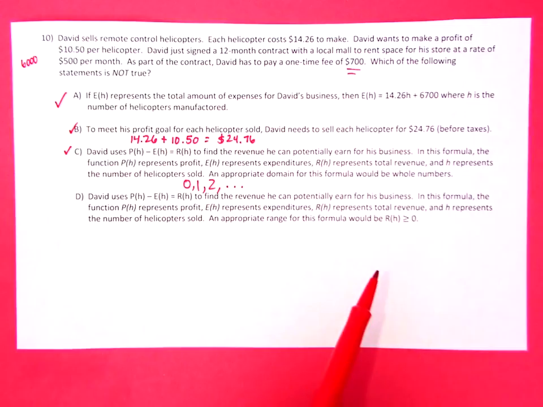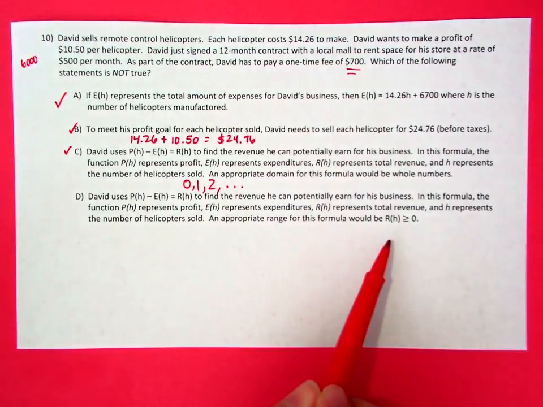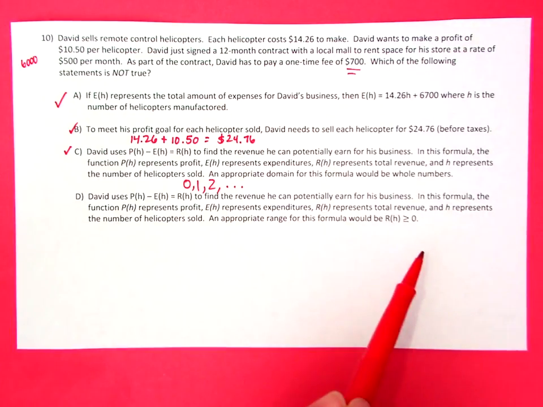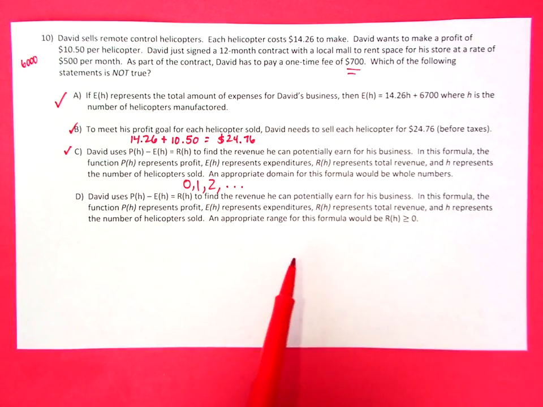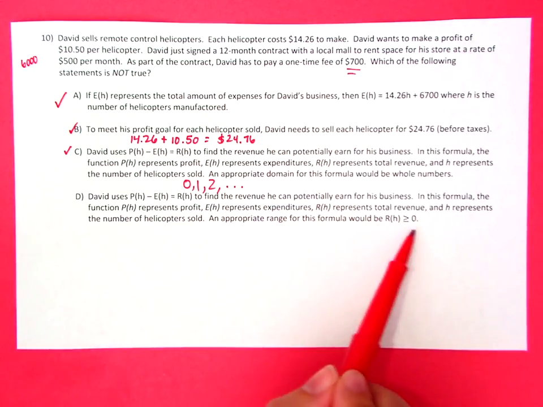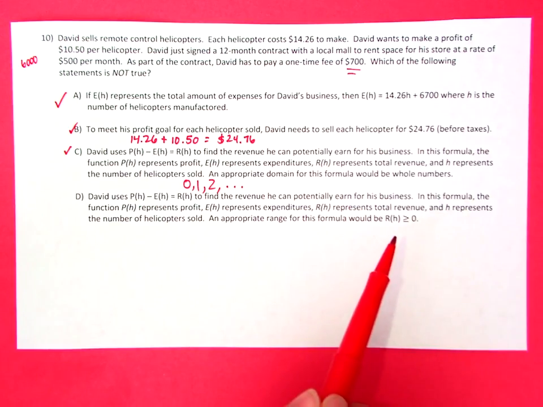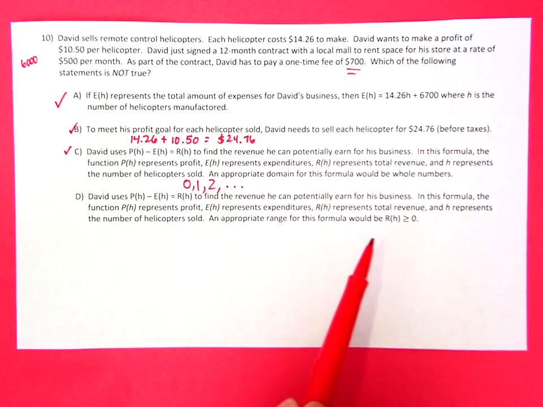In other words, does that include all possibilities, including negative numbers? Is it possible that he would have negative revenue, which means he didn't sell enough helicopters to break even in his business? Well, this right here would not show that. Suppose he just didn't sell enough helicopters, and so he wound up paying more for the storefront than he did actually earning anything.